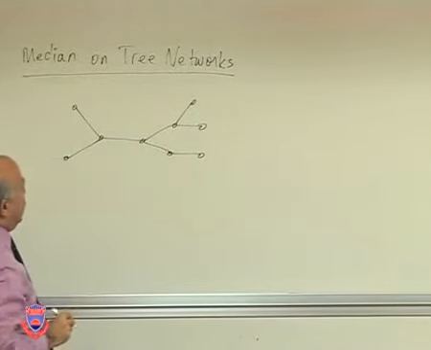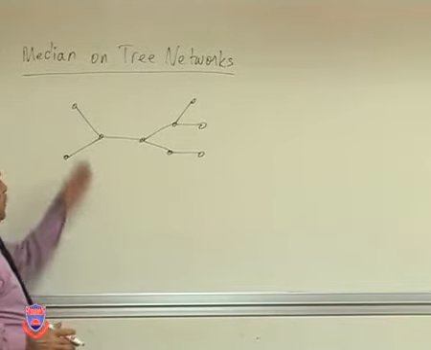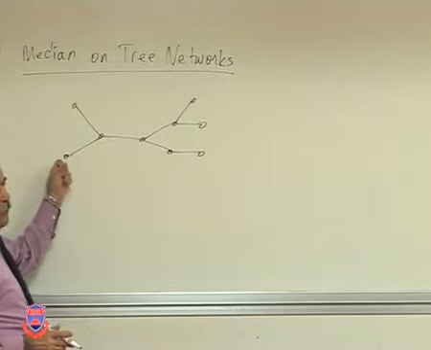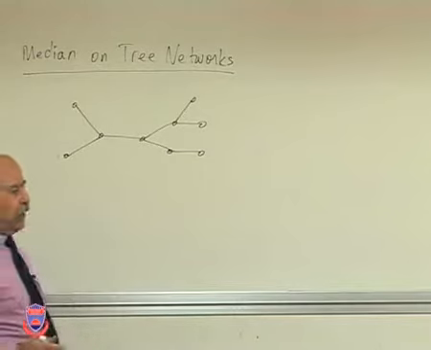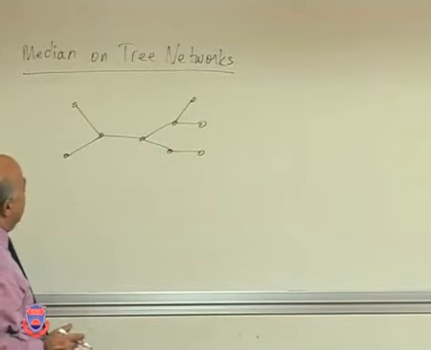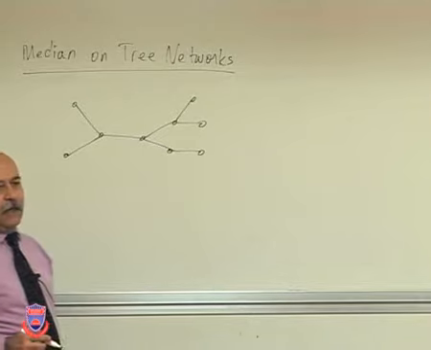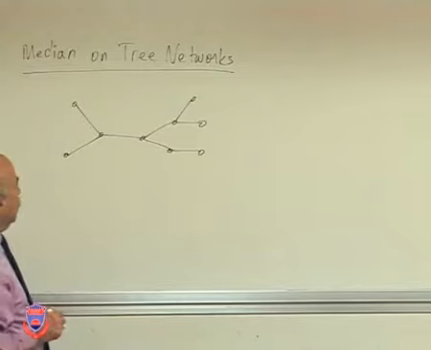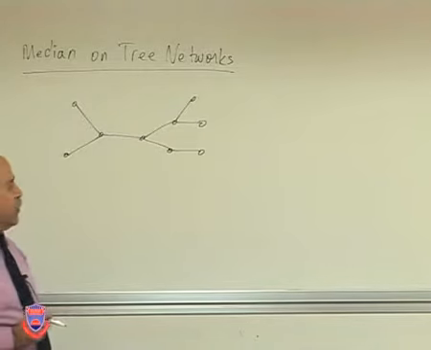When you look at a tree network, there's one property. Well, it's connected, meaning that you can go from any vertex to any other vertex using a sequence of arcs. But it does not have any cycles. You never come back to yourself. So with those properties, tree networks seem to be quite special.